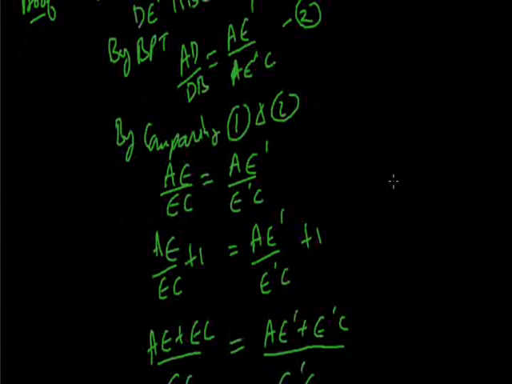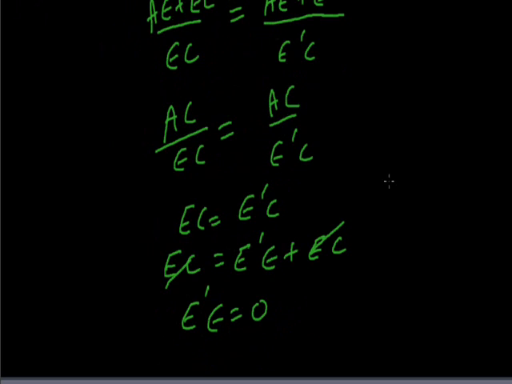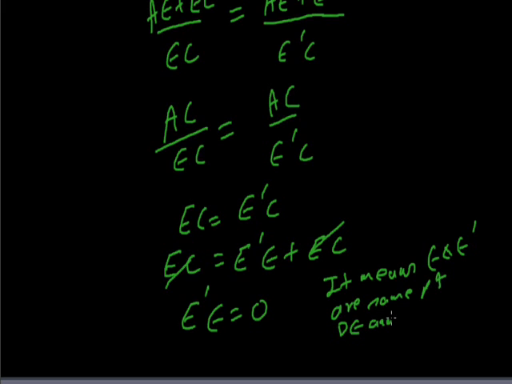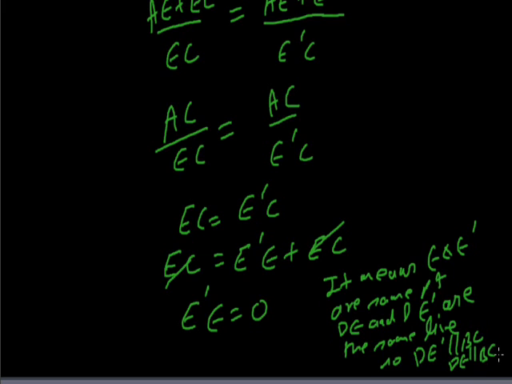So it means E and E dash are the same point, or DE and DE dash are the same line. So we conclude that DE dash is parallel to BC, or you can say DE is parallel to BC.